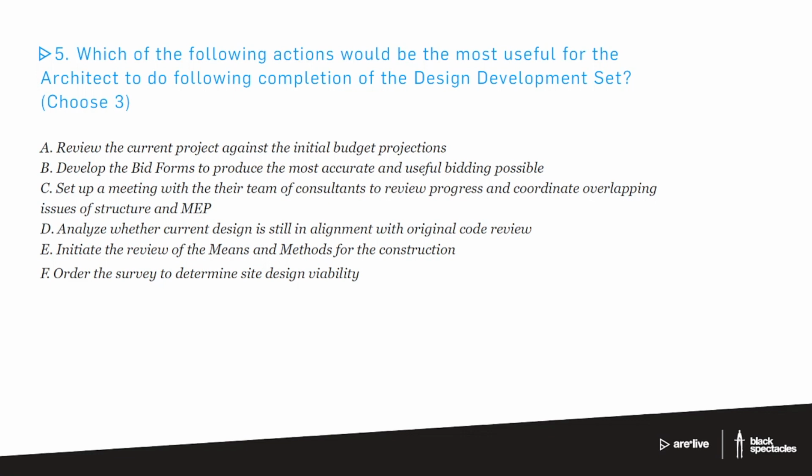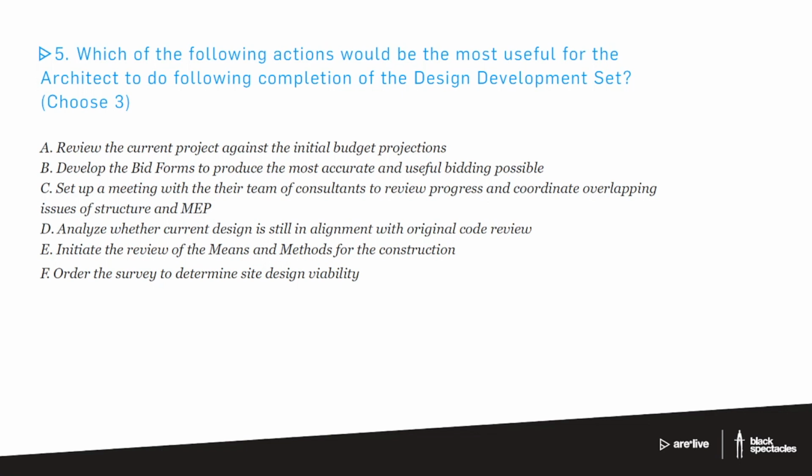So we're still in the design portion. We're not into the contract document set yet, but we are well through. By the end of design development, we should have a building that everybody knows what it is, what it looks like, what the materials are, all of that. But we just haven't done all the detailing yet.